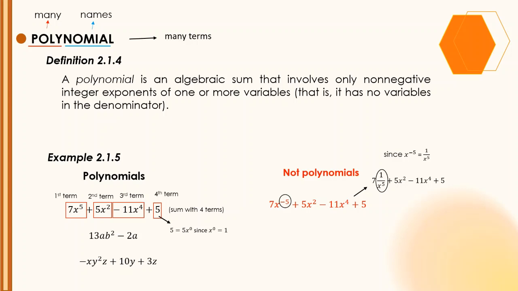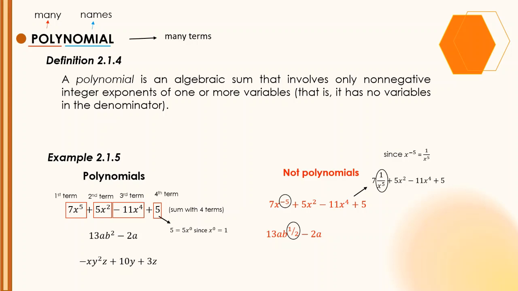So, meaning, pag polynomial, walang variable sa denominator. So, kung may nakita kayo na expression na may negative exponent or yung variables ay nasa denominators, meaning hindi siya polynomial. Another example is itong number 2. Instead na 2 yung exponent, let us say 1/2 yung nakalagay. 1/2 is not a non-negative integer.